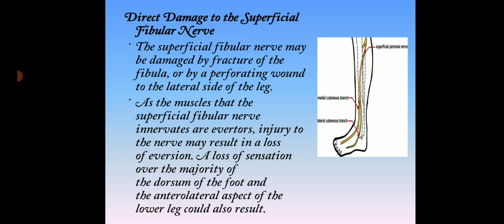As the muscles that the superficial fibular nerve innervates evert the foot, injury to the nerve may result in a loss of eversion. A loss of sensation over the majority of the dorsum of the foot and the anterolateral aspect of the lower leg could also result.